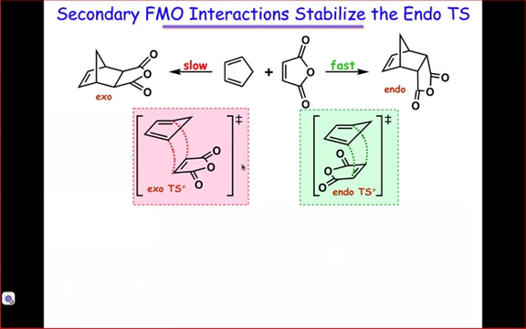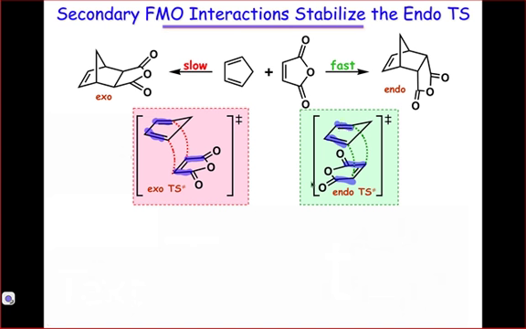Now let's discuss why the dienophile orients itself the way it does in typical Diels-Alder reactions. There are two ways the dienophile could theoretically orient itself, either exo or endo. If the substituents on the dienophile are far away from the double bonds of the diene, then we call that the exo transition state, whereas if the substituents are near the double bonds of the diene, then we call that the endo transition state.